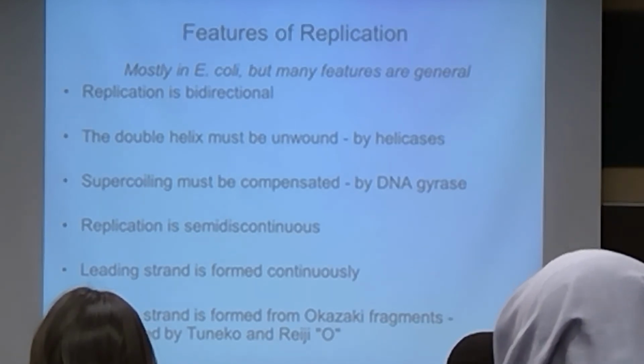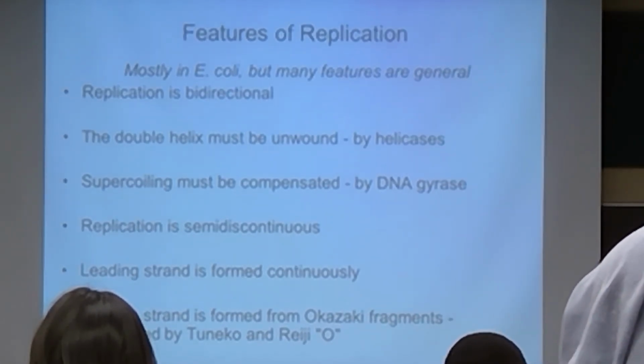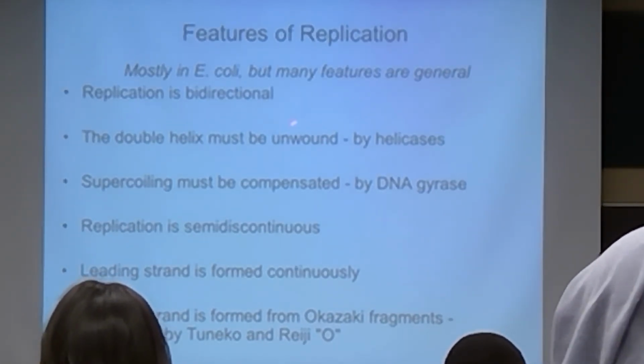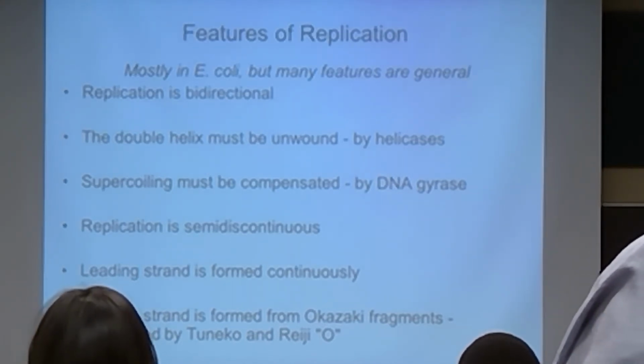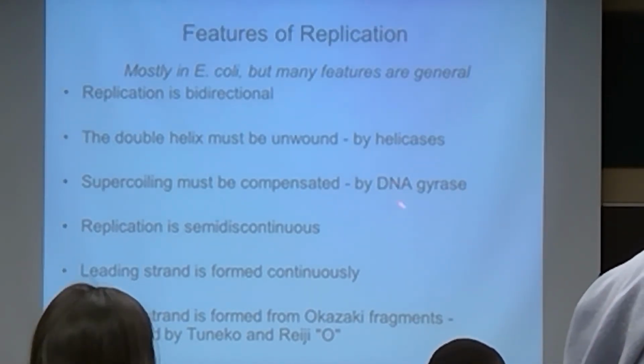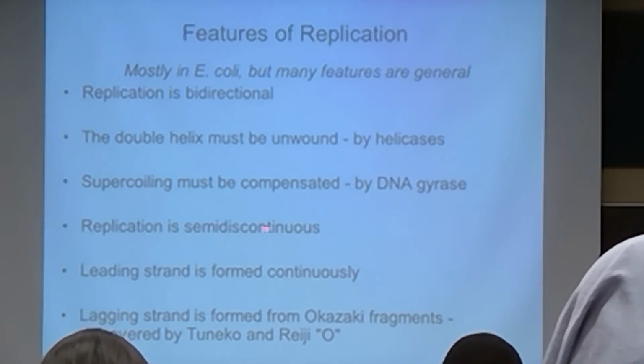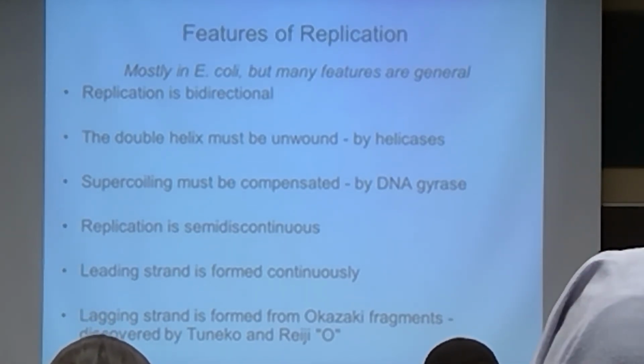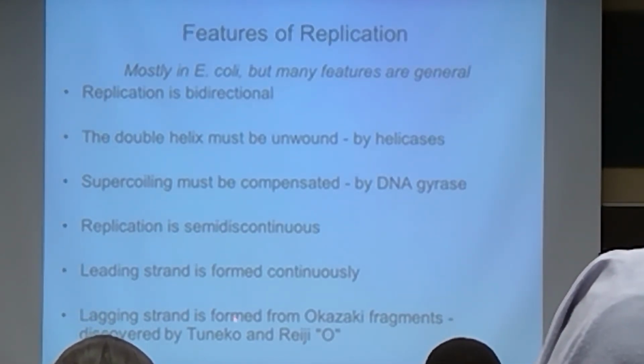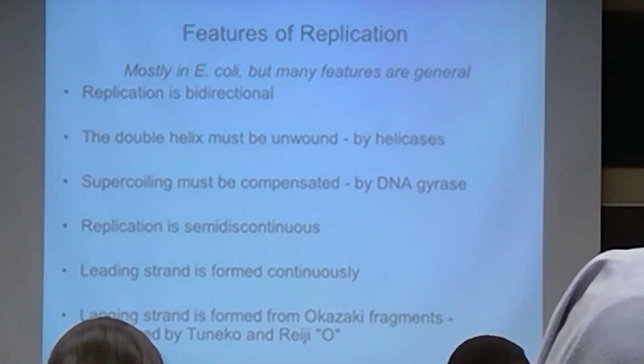I think we discussed some of these. The double helix must be unwound by helicases, supercoiling must be compensated, DNA replication is semi-discontinuous, the leading strand is formed continuously, and the lagging strand is formed from Okazaki fragments, correct?